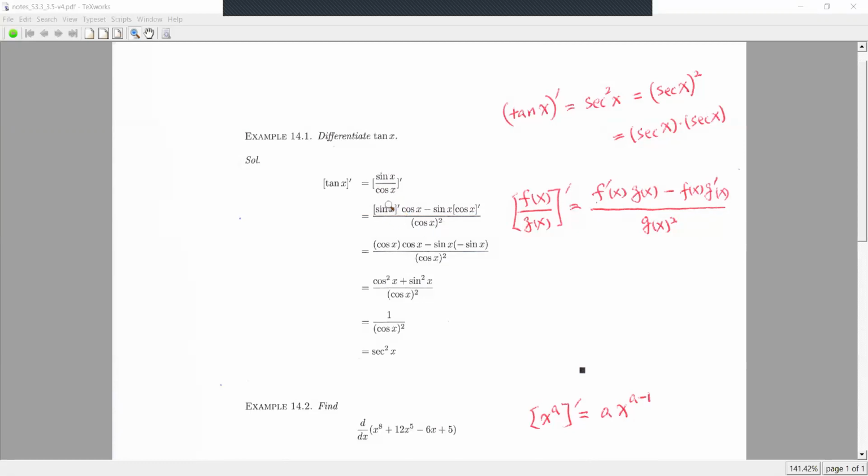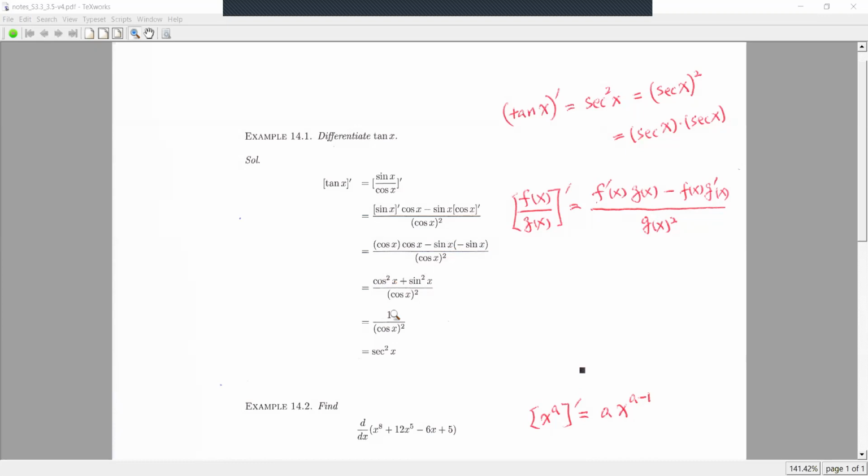Derivative of sine is cosine. Derivative of cosine is negative sine. So cosine times cosine minus sine times negative sine is cosine square plus sine square. But cosine square plus sine square is equal to 1.